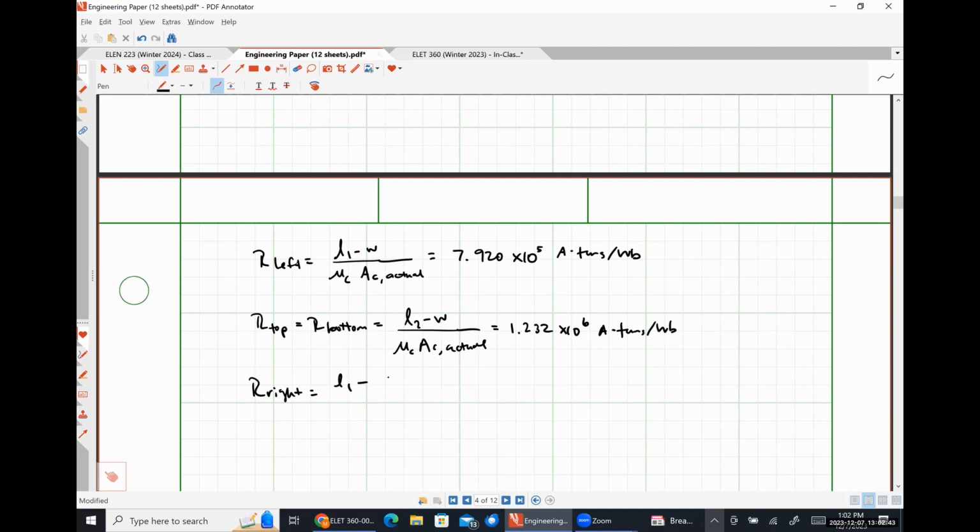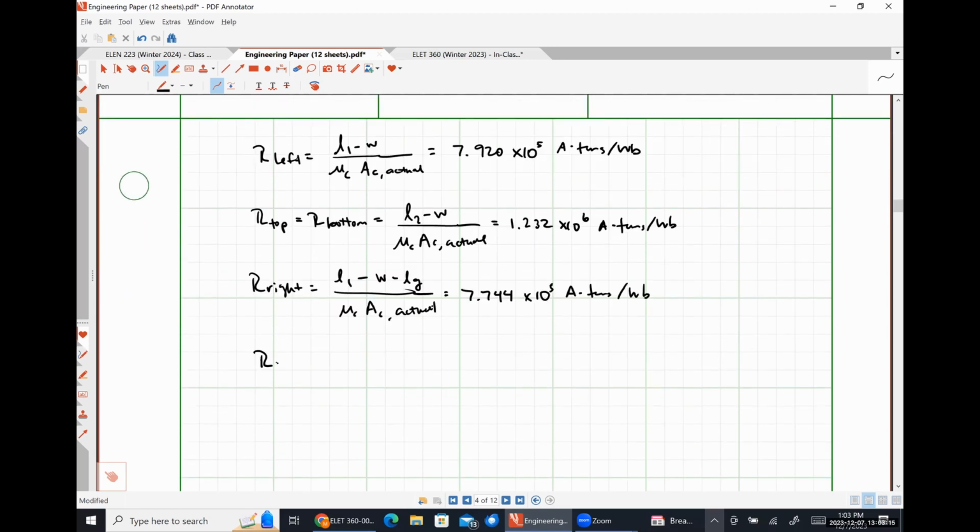So L1 minus W minus L sub G all over mu C times AC actual. And that came out to be 7.744 times 10 to the 5 amp turns per Weber.